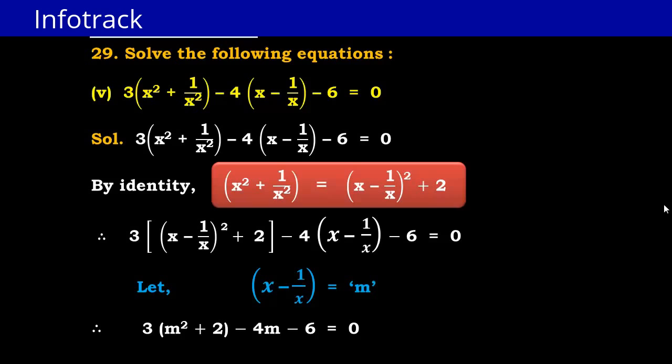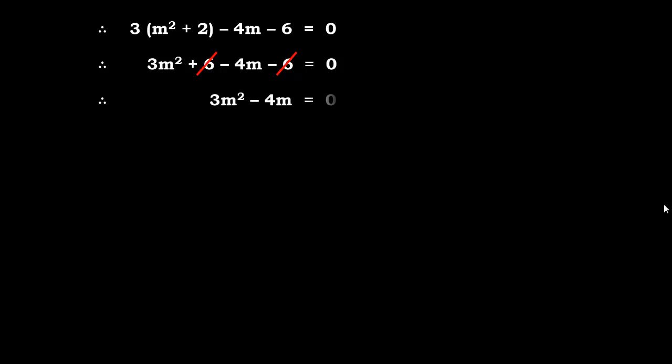Now open the bracket, solve the bracket. We will have 3m square plus 6 minus 4m minus 6 is equal to 0. See, plus 6 minus 6 will get cancelled. That means 3m square minus 4m is equal to 0. Now you can solve this, student. We can take m common.